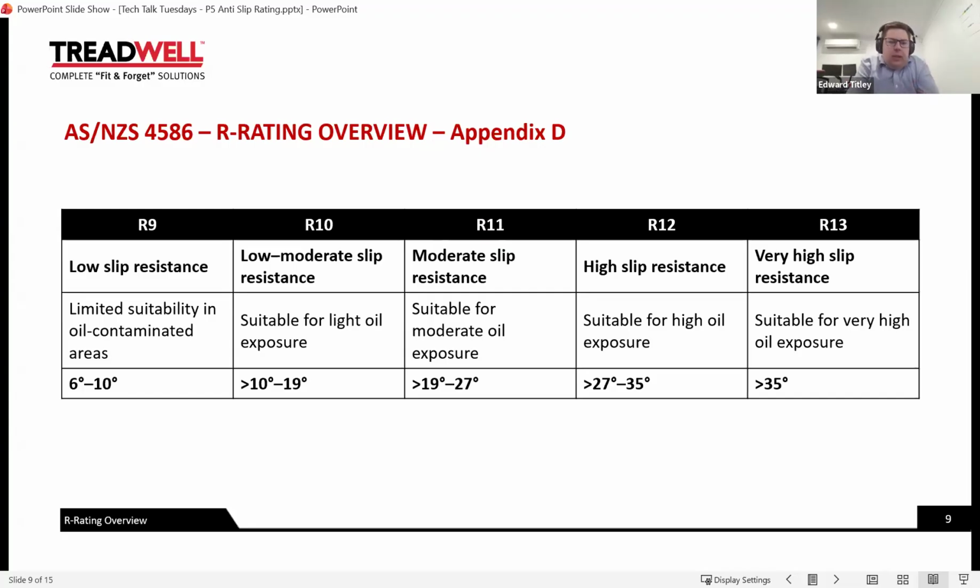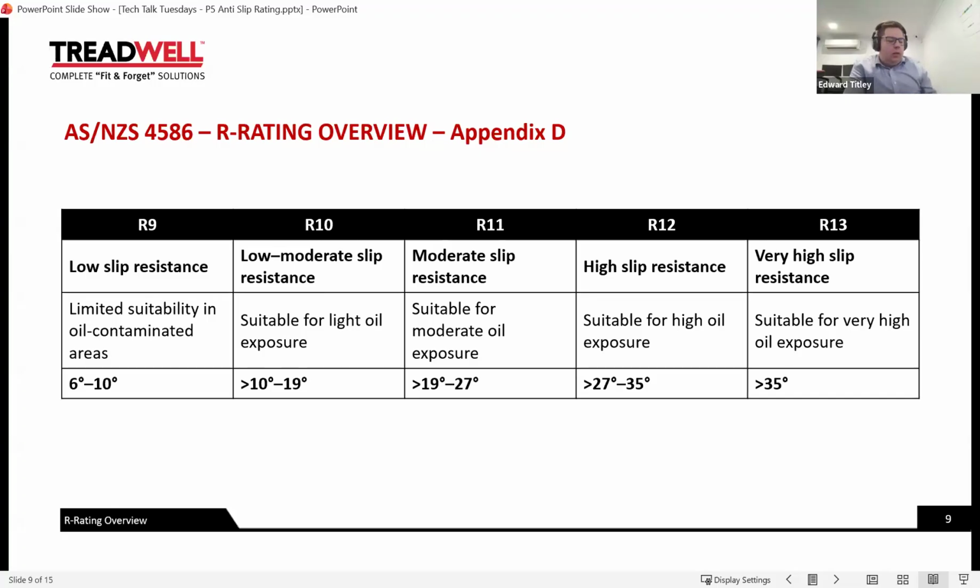Now, a couple of things to think about. Firstly, this test is done by a person in a harness walking along the surface that's got oil and so on. And the classification is given at the point at which the person doing the test feels like they may be at risk of slipping. So that's where this number comes from, 35 degrees, and so on.